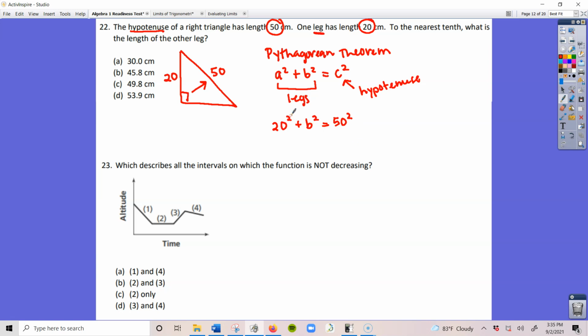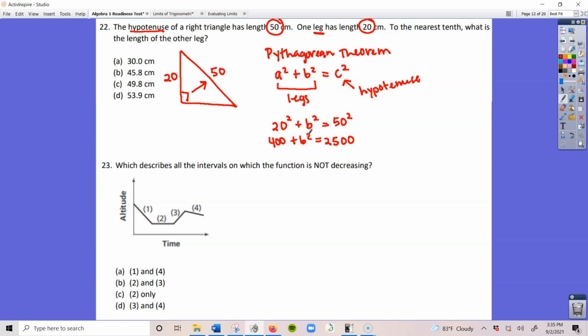20 squared is 20 times 20, which is 400. 50 squared is 50 times 50. So what I do is I do the 5 times 5, which is 25, and then there's 2 zeros, so 2,500. Now we need to solve for b.